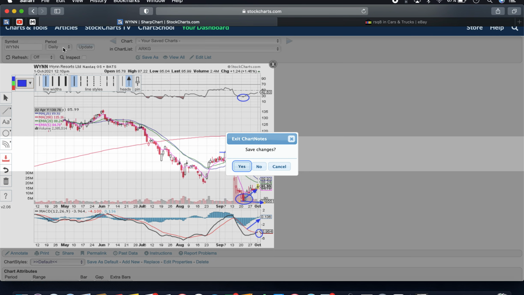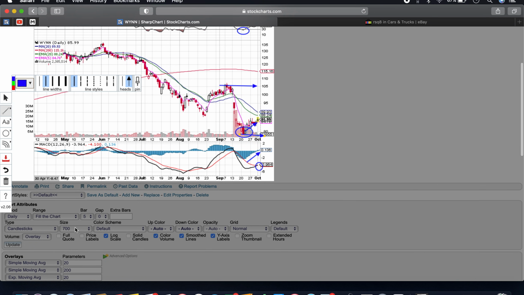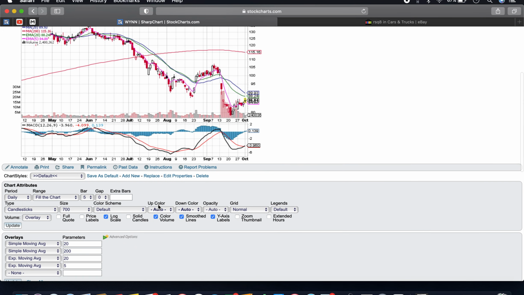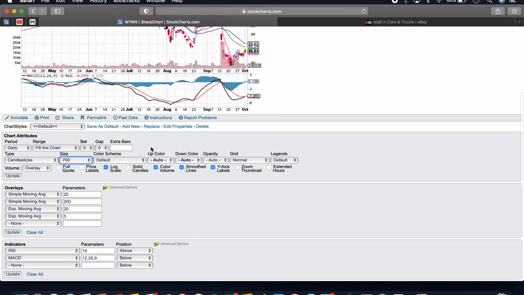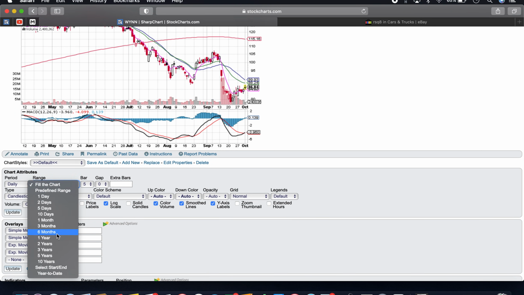Let's go look at the weekly, because we're gonna have to look at the weekly. Here we go. We can look back. We'll say 1 year.